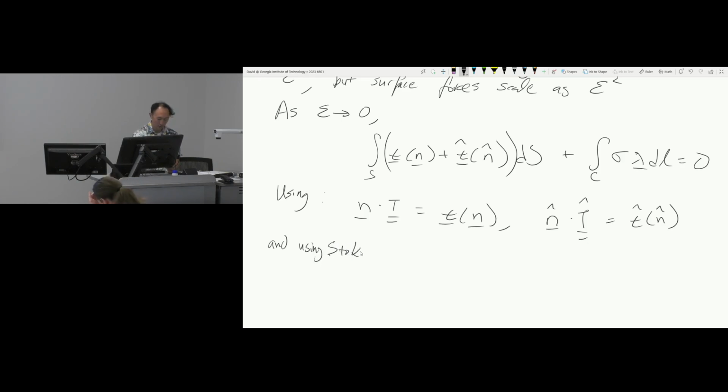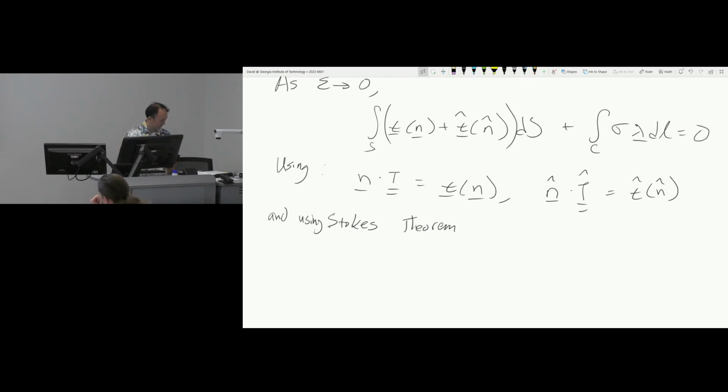And one more thing, we use Stokes' theorem. Okay. In the handout, there's this theorem that says you can take this line integral and you can write it as two terms.